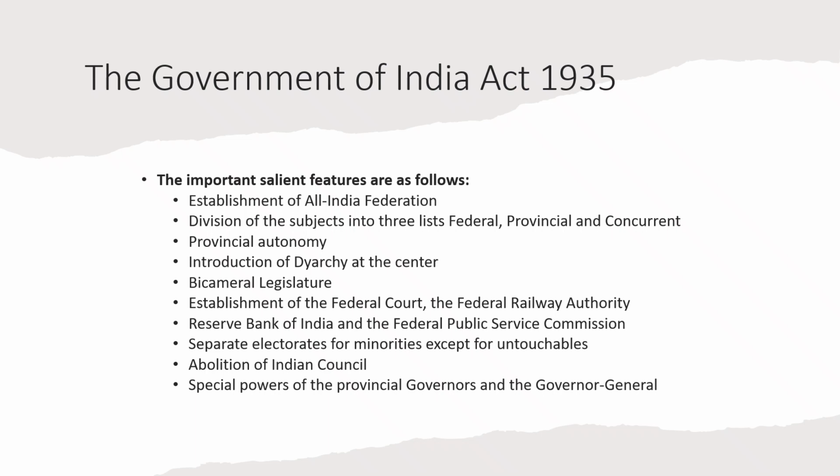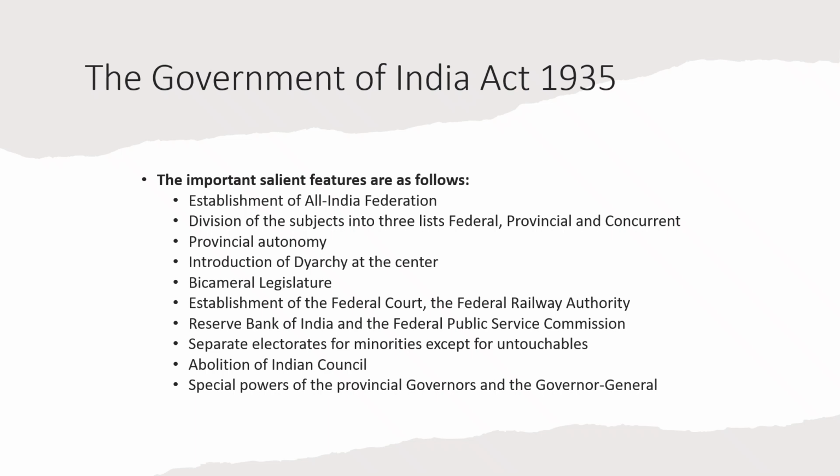Then a legislature was introduced and it was a bicameral legislature. Then establishment of the Federal Court, the Federal Railway Authority, Reserve Bank of India and the Federal Public Service Commission. Then separate electorates were granted to minorities except untouchables. Then the Indian Council was abolished in this Act of 1935.